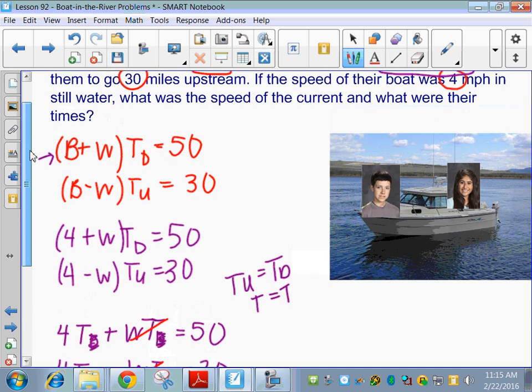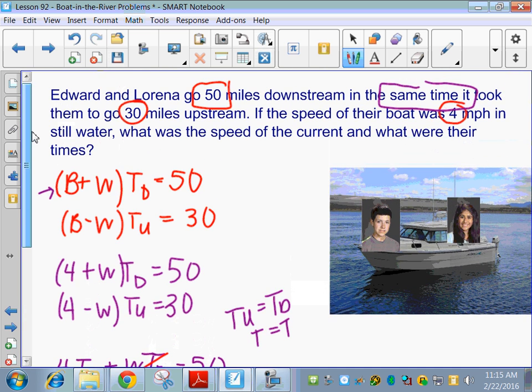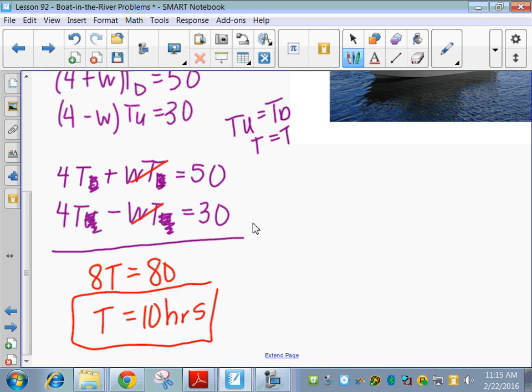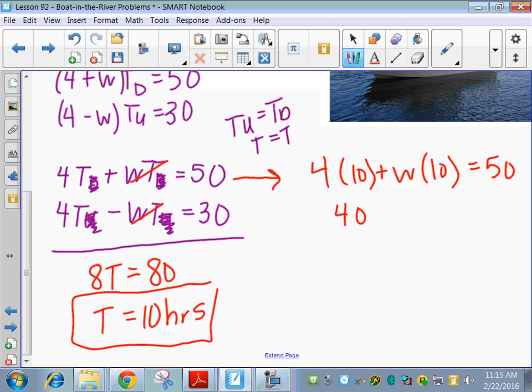So now, what was the speed of the current? We've got to plug that in. You can plug in this time wherever you want. I'm going to go up to this equation right here, and it plugs in for both T's, since they're the same. So 40 plus 10W equals 50. Subtract 40 from both sides.